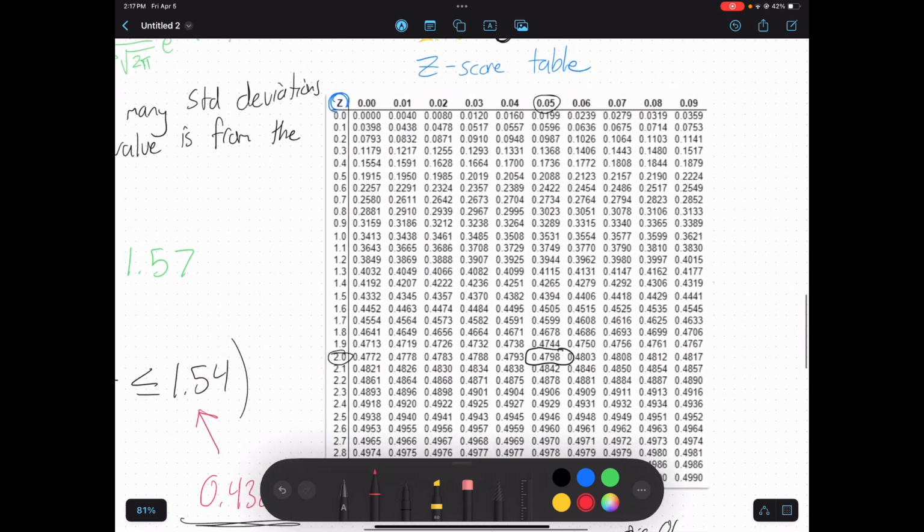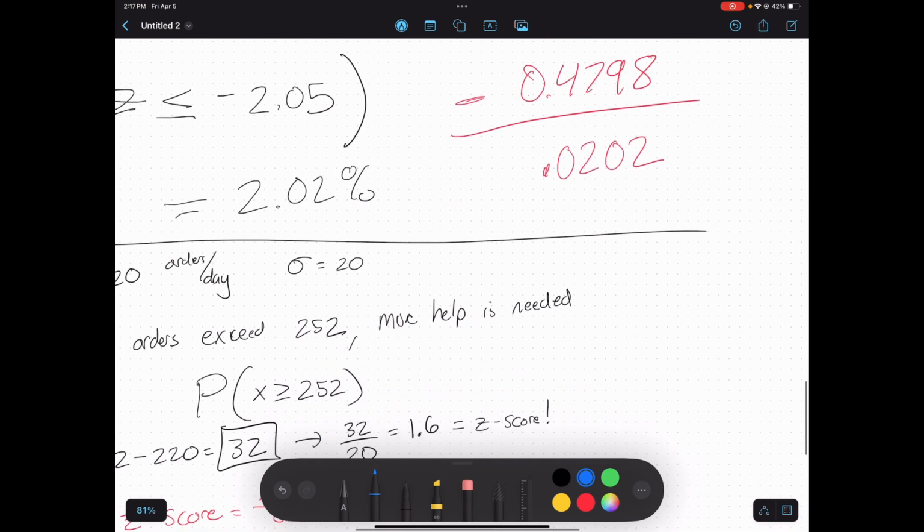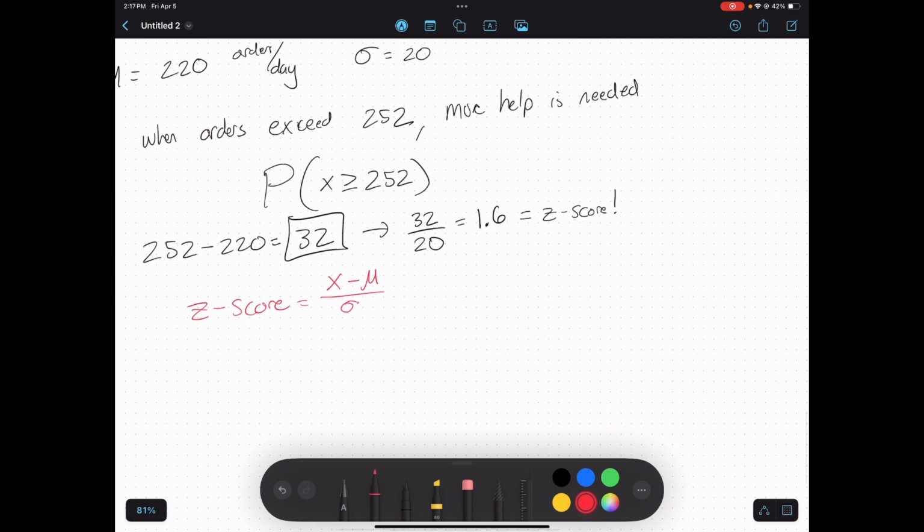So if I come up here to 1.6, what's my hundredths place? My hundredths place is just 0, and so I get this value, 0.4452. But be careful. Remember, this always represents the area between 0 and that specific z-score.